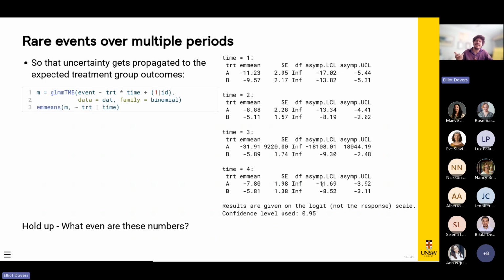Well, as I mentioned earlier, there's something called a link function for our generalized linear models, which links the scale of our formula to our distribution, so the scale of what our response means. In this case, we were more interested in probabilities and chances. But you can see here we've got a little note saying results are given on the logit scale, and logit is the default link function for our binomial distribution.